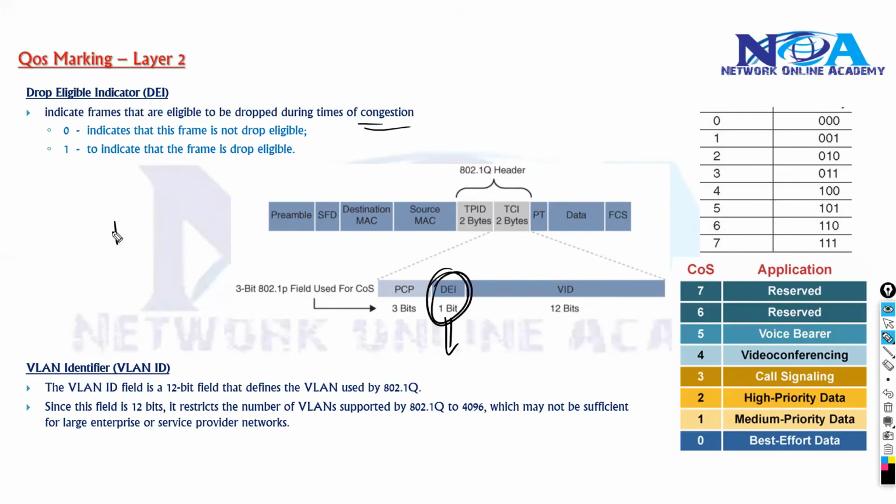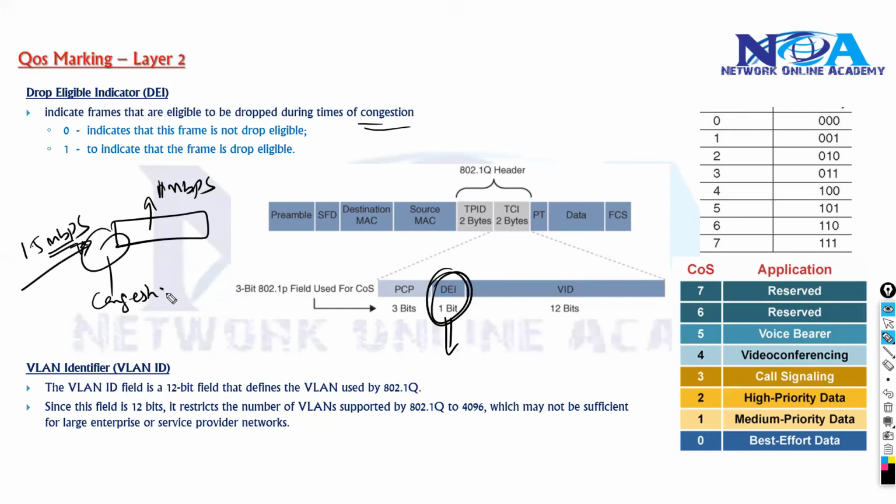Because whenever a switch receives a packet, like I said, for example, if you are receiving 1.5 Mbps of traffic, and maybe the available bandwidth is just 1 Mbps, this will lead to congestion. And when there is congestion, there is a possibility that the packets may get dropped. While deciding whether to drop or not, this field can be a decider.